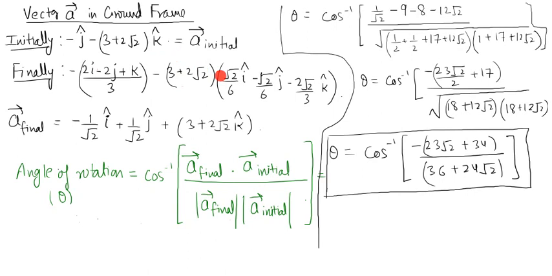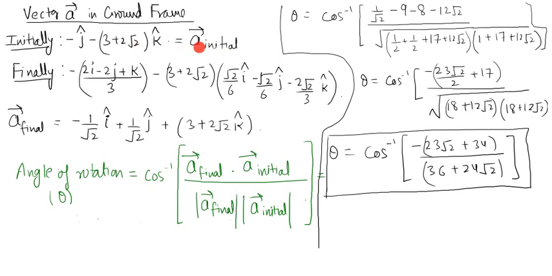So finally I am getting A final as minus 1 by root 2 I cap plus 1 by root 2 J cap plus 3 plus 2 root 2 K cap. So I have my initial vector in ground frame and final vector in ground frame. So I can easily now calculate.